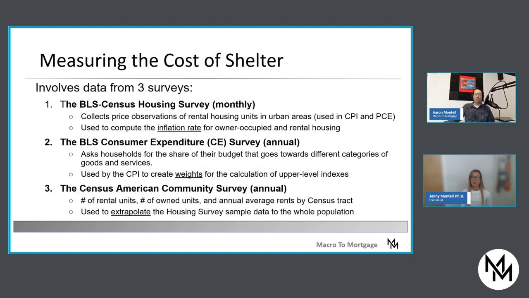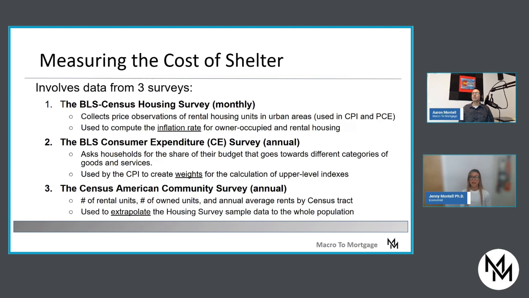Okay, so measuring the cost of shelter involves data from three surveys. And data from each of these surveys is used for a different reason, a different part of the ultimate measure. And so I have each of those reasons here underlined, to keep it clear. And this is where a lot of confusion happens. So the Bureau of Labor Statistics has a survey that is actually conducted by the Census Bureau on behalf of the Bureau of Labor Statistics, and it's called the Housing Survey.